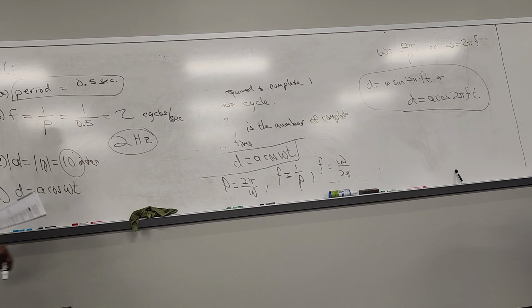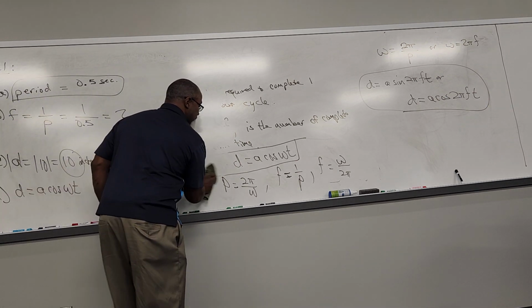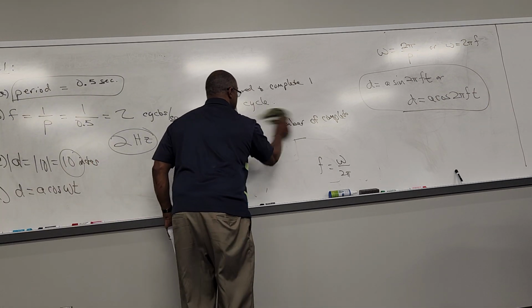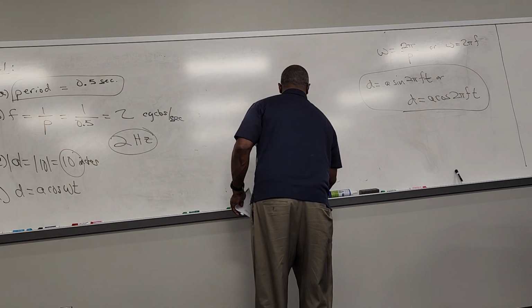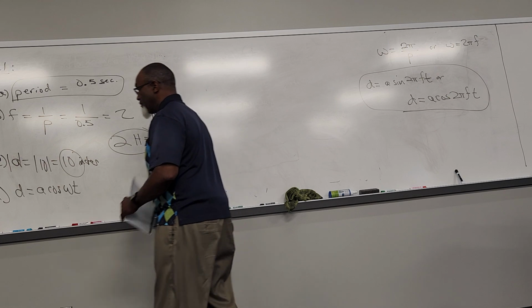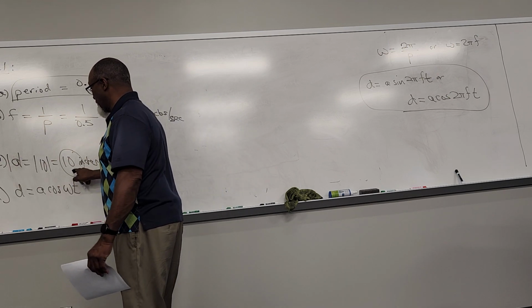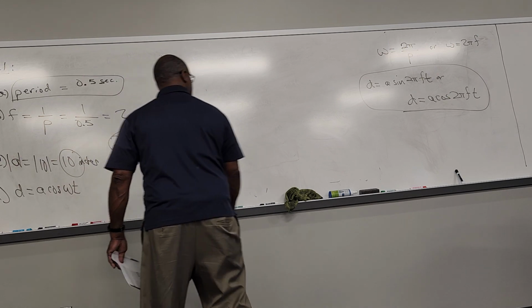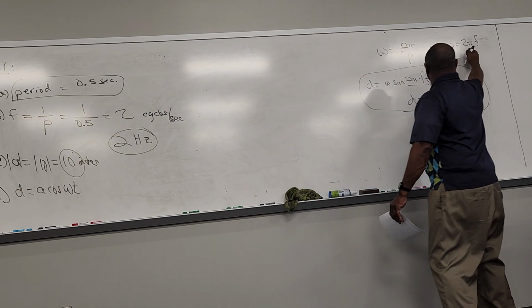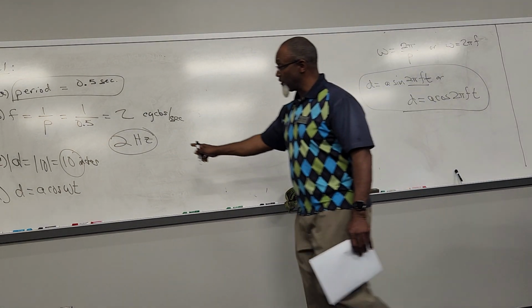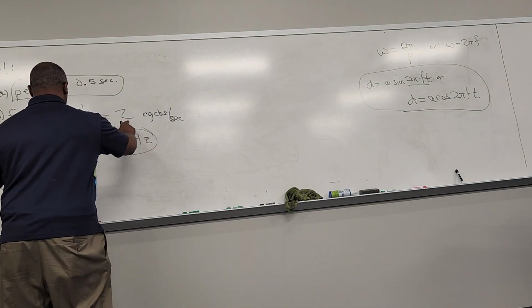All right. Well, all you're doing is plugging in. We know what A is. A is 10. Omega, again, we could use this to rewrite omega. Omega is the same thing as 2 pi f, and we know what f is. F is 2.